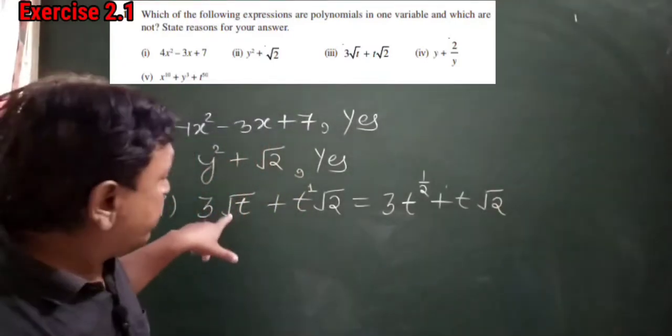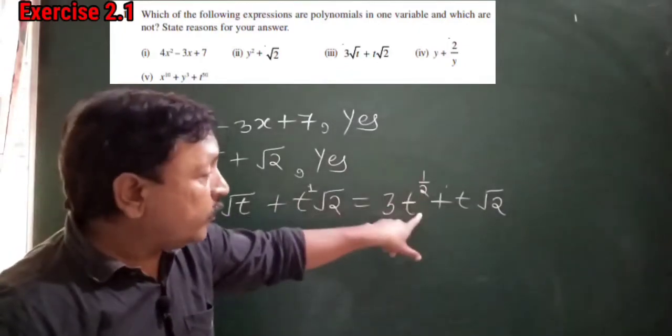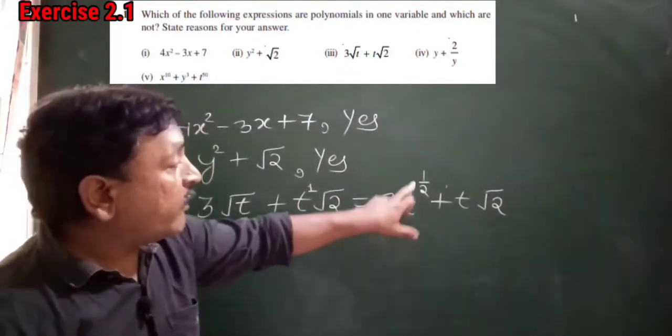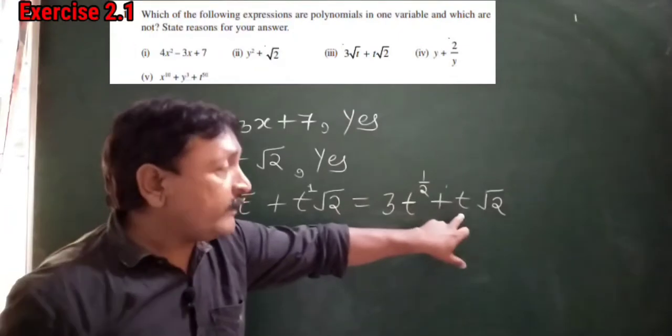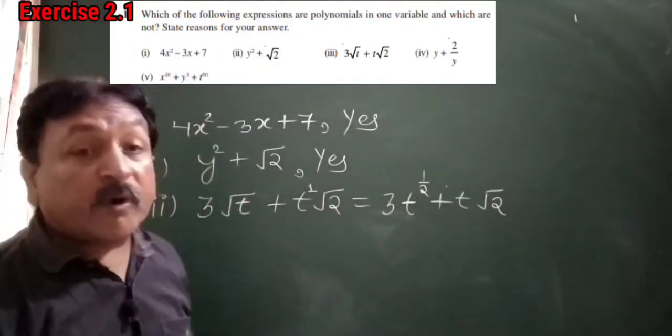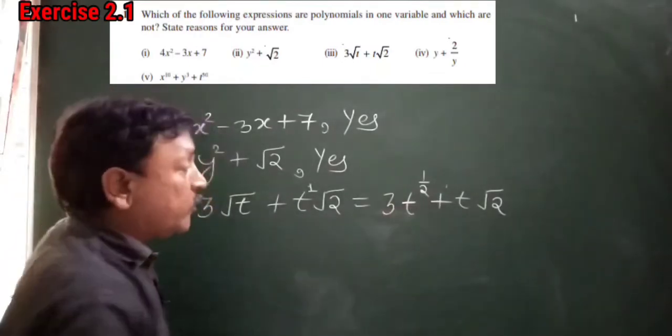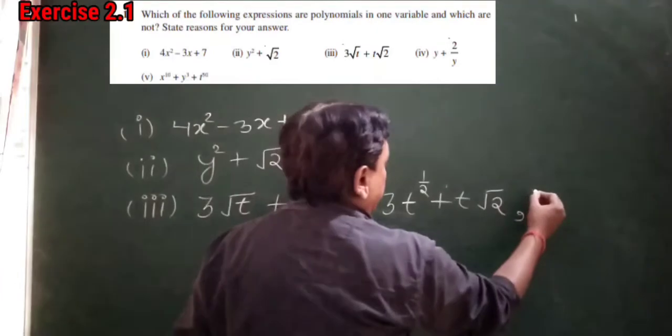Root means square root, so it will come as 1 upon 2. It means t has the power of 1 upon 2, and in the second term the power is 1 with root 2 as the coefficient. But since the power of the variable is not a whole number, it is not a polynomial.